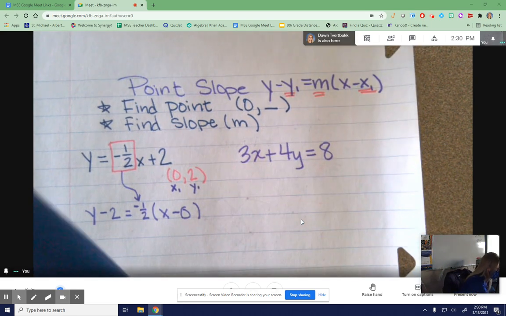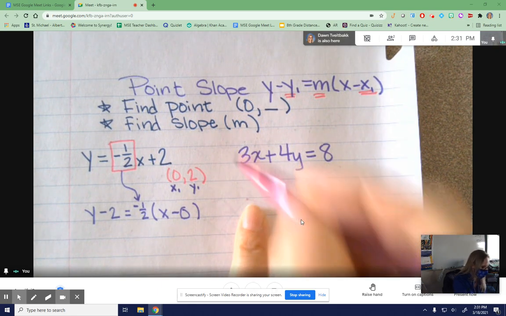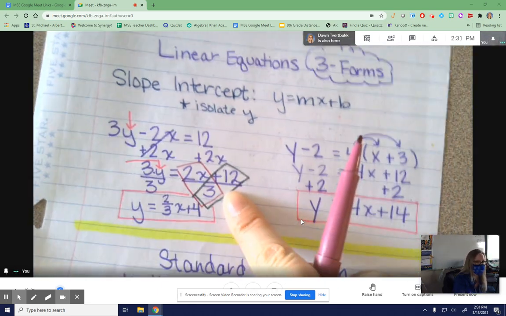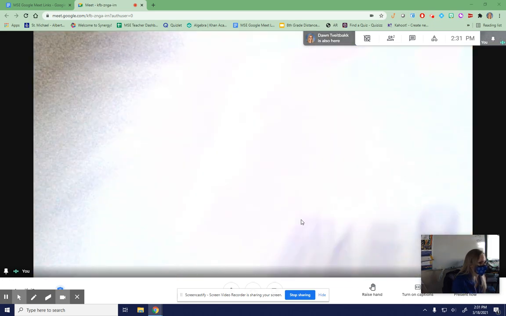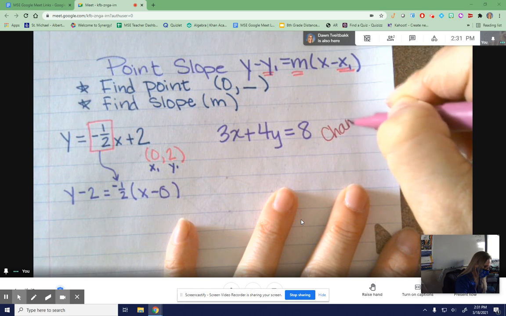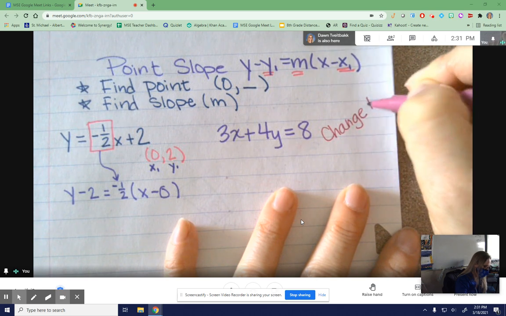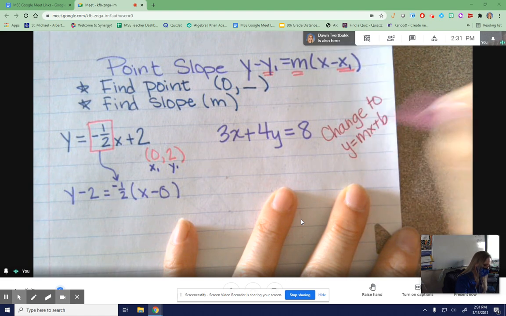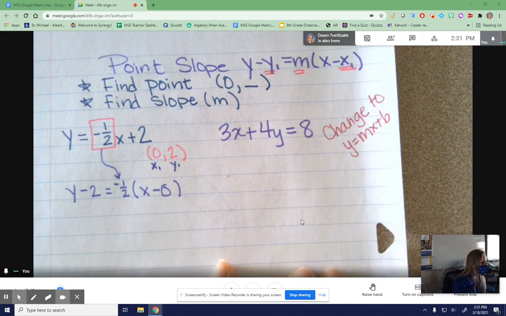However, we can force this equation to look like that one. So what we're going to do is change it to y equals mx plus b, and we're going to make it be our best friend.